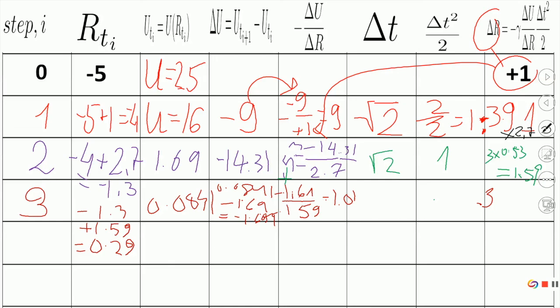Got it? And then on step number 4, I'm using the previous 0.29. So what was there? 0.29 plus, not plus, times 0.3.